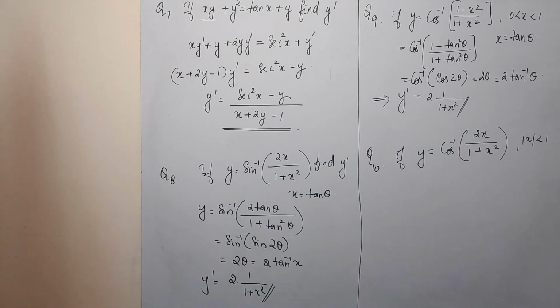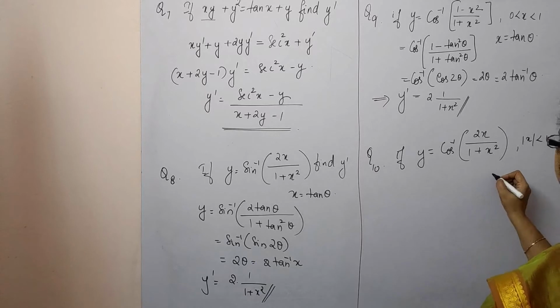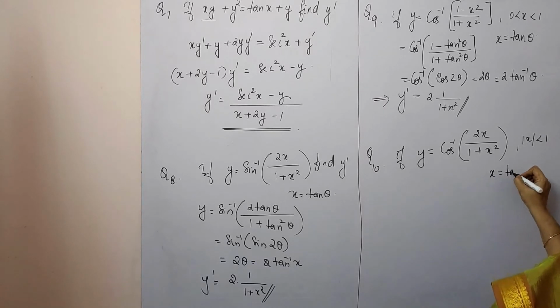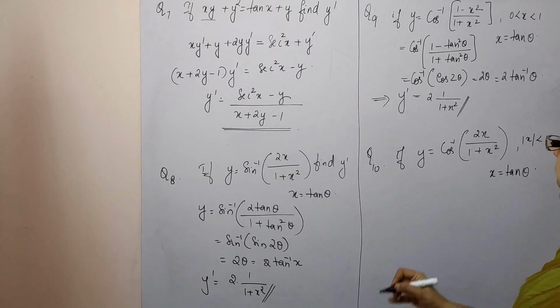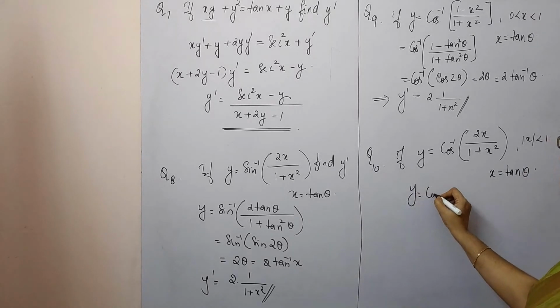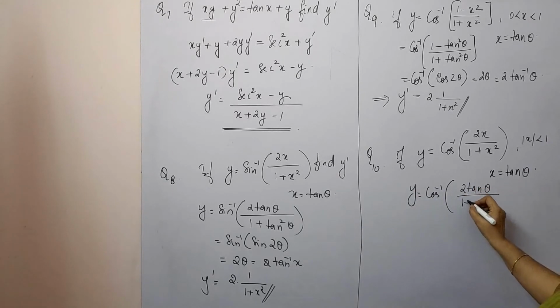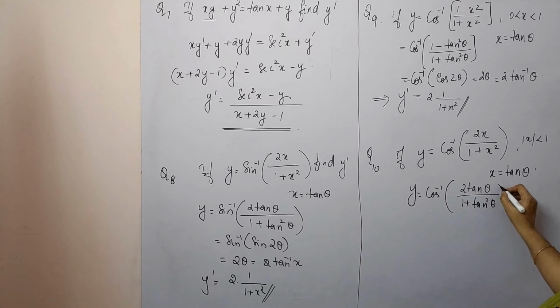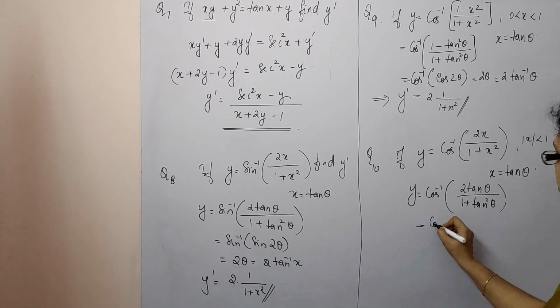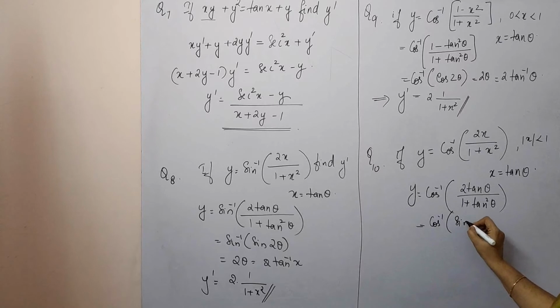If y is equal to cos inverse of 2x by 1 plus x squared. Now, when you have 2x by 1 plus x squared, again, I'll substitute x is equal to tan theta. Substituting for x is equal to tan theta, what will you get? y is equal to cos inverse of 2 tan theta by 1 plus tan squared theta. Right? Now, 2 tan theta by 1 plus tan squared theta is what? Sine 2 theta, isn't it? So, cos inverse of sine 2 theta. Now, how will I convert the sine 2 theta into cos?